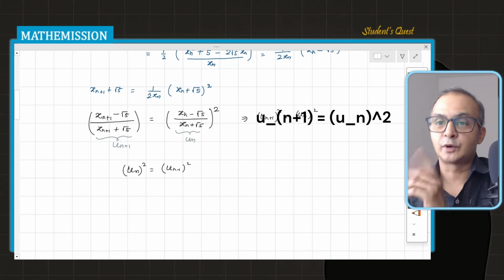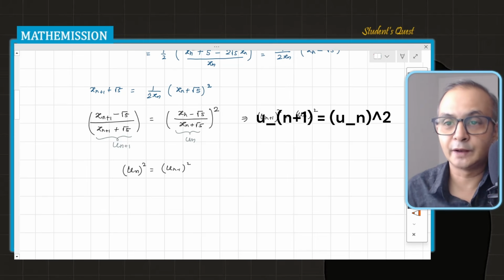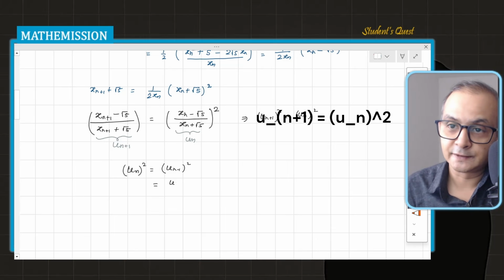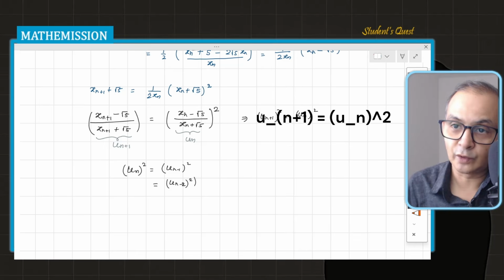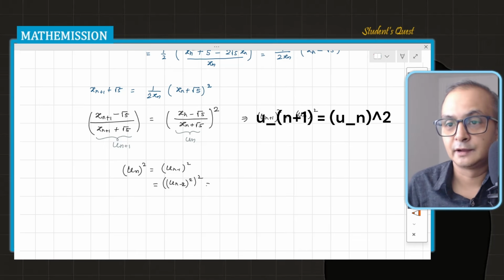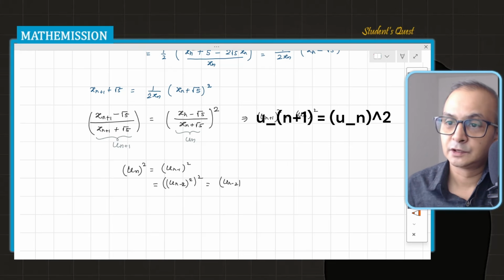And by the same process, I can write un minus 1 whole square as un minus 2 squared, and the whole square. And this will be iterated up to the first term. This is going to be to the power 2.